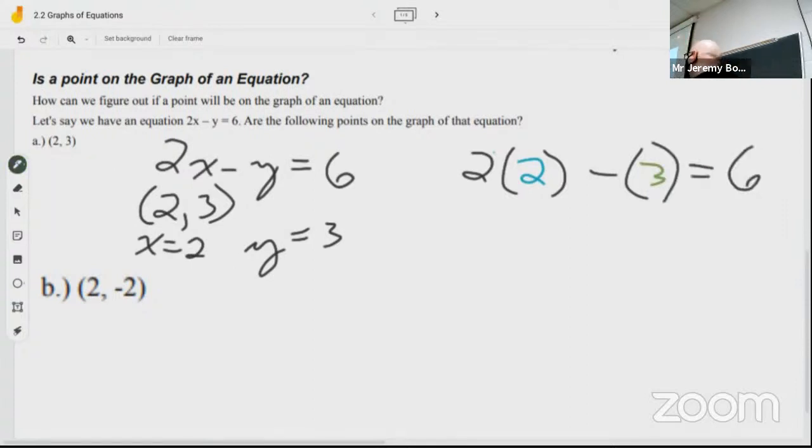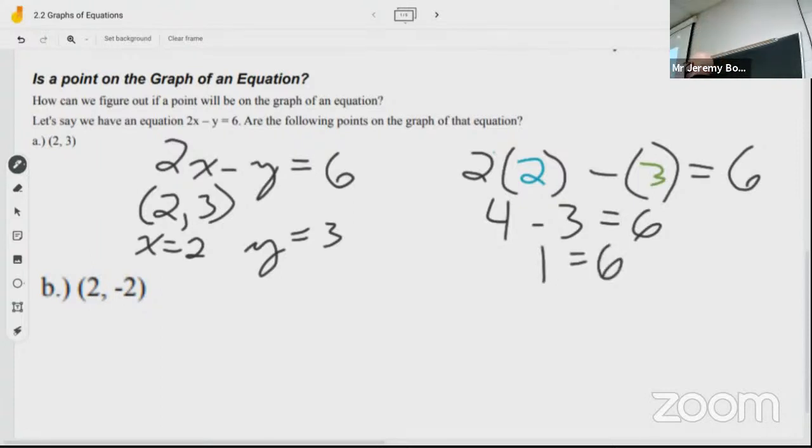And what are we going to do from there? So you're going to evaluate it. 2 times 2 is 4, minus 3, that's going to be 1.